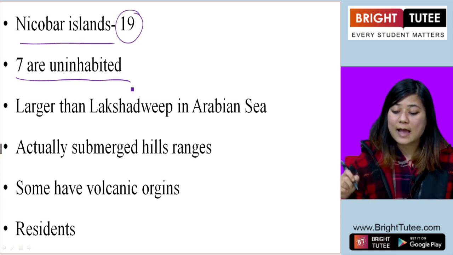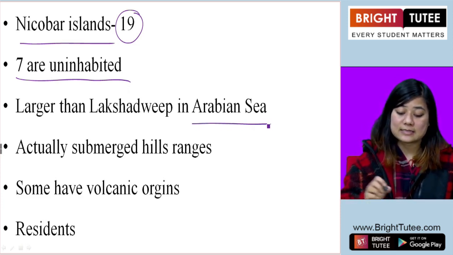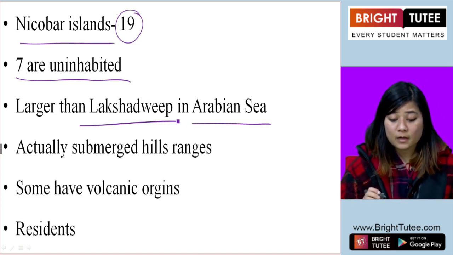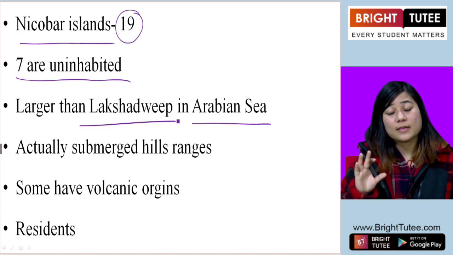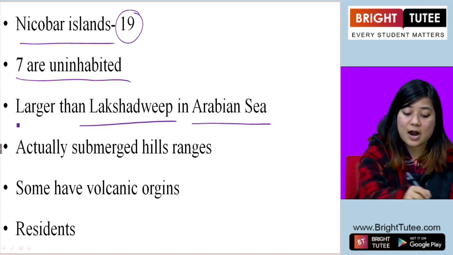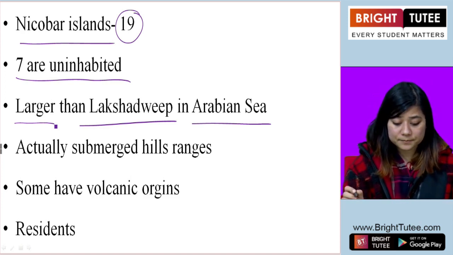Now let us look at the islands found in the Arabian Sea, and that island is called Lakshadweep. Okay. Now the Andaman and Nicobar Islands have islands which are larger than those in Lakshadweep. Okay.